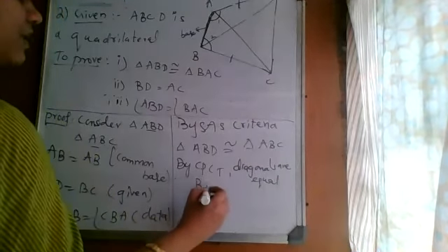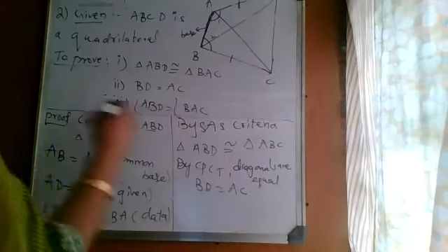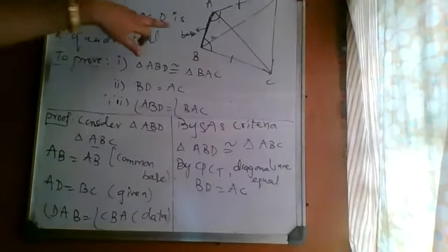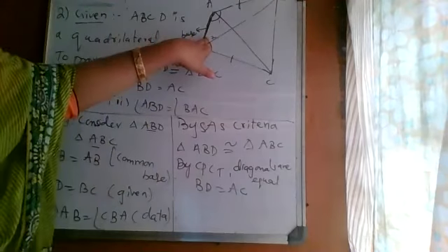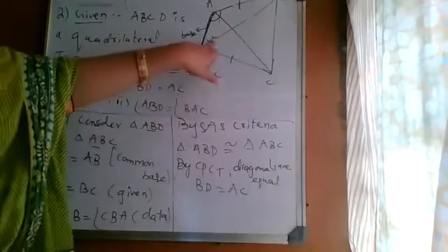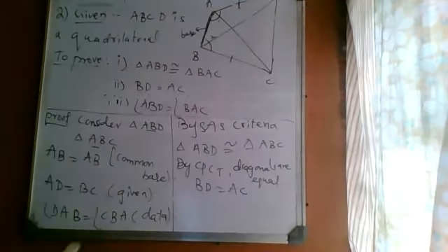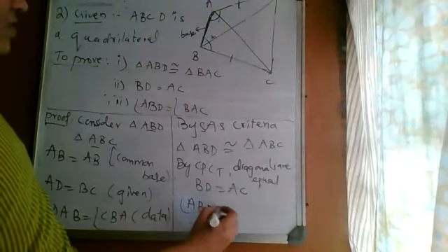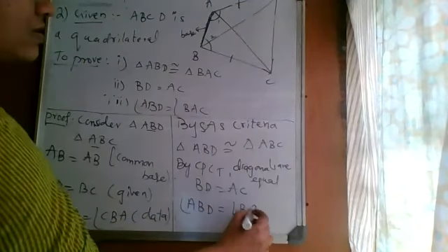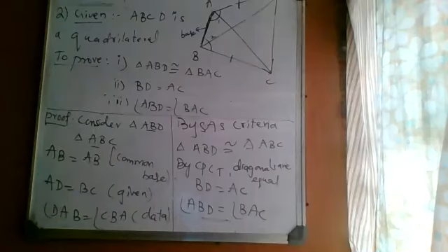That is, BD is equal to AC. And which angles are equal? Angle ABD is equal to angle BAC. That's it, the proof is done.